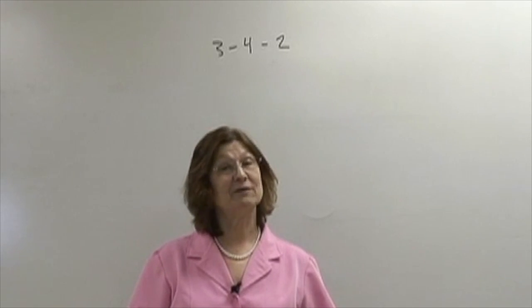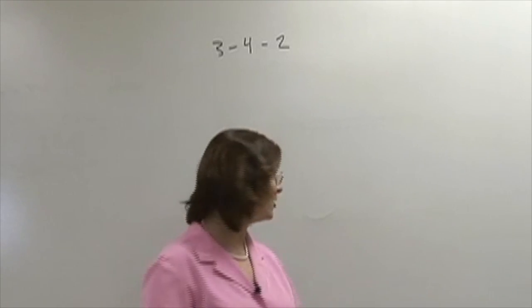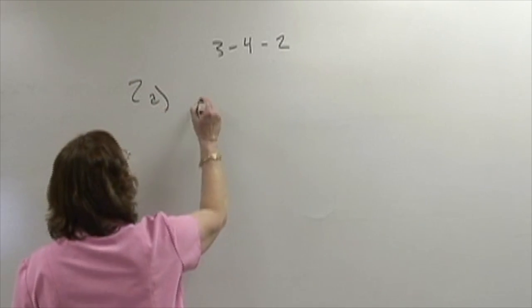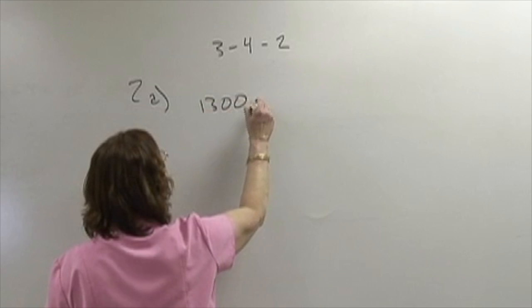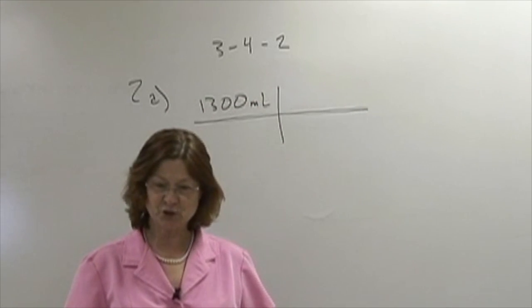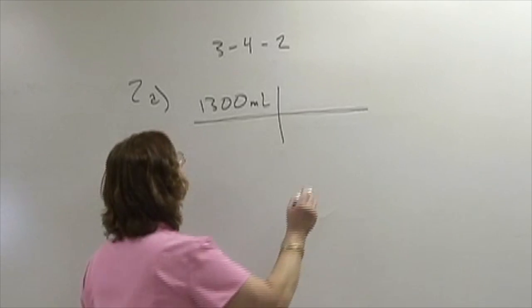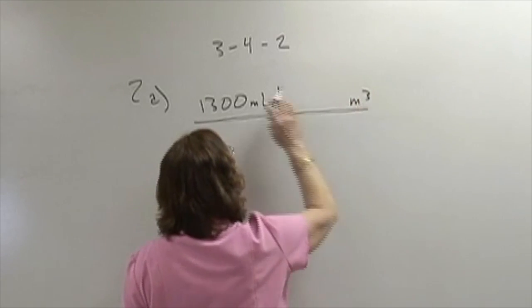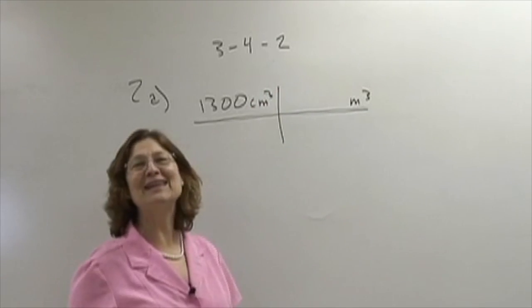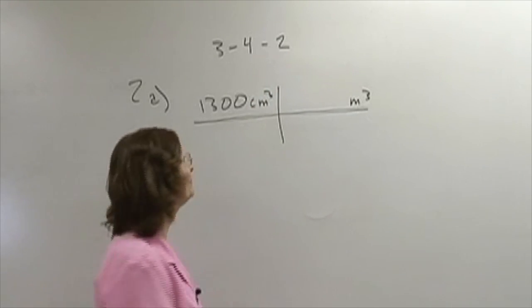Number 2 is about conversion factors. And we are going to convert 1,300 milliliters, and we are going to convert this to meters cubed. Oh, it's centimeters cubed. And those would be the same as milliliters, so that would have worked as well.